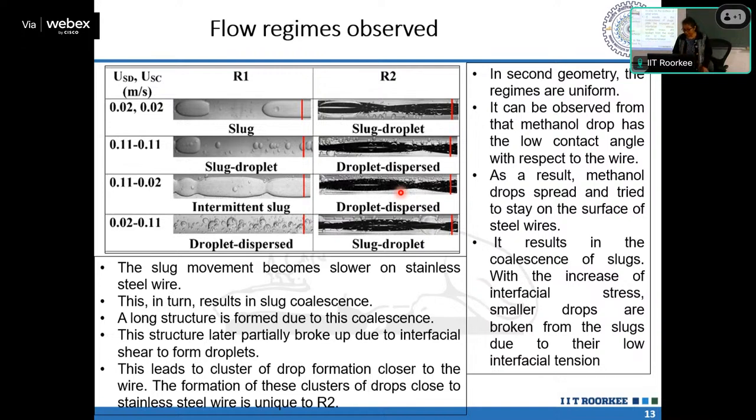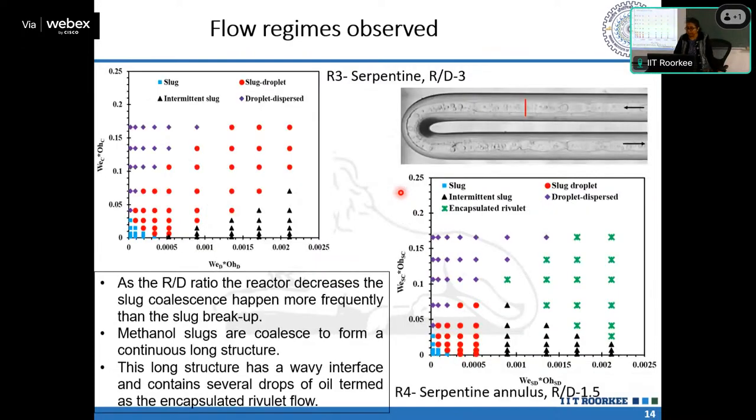That is the main difference here. This we have also discussed, the formation of this kind of rivulet structure and encapsulation. Okay, so this is another observation: we now have 5 flow patterns in the case of R by D 1.5.